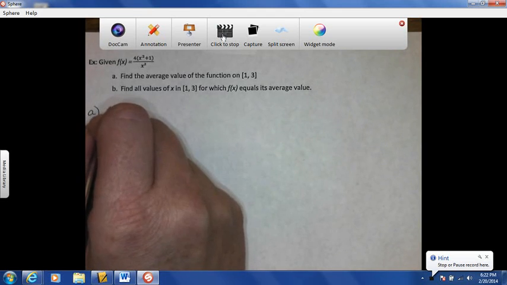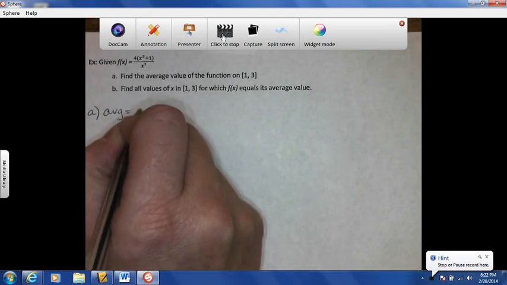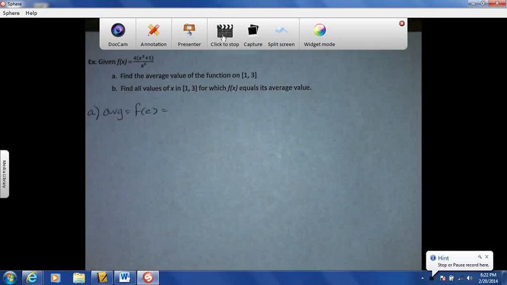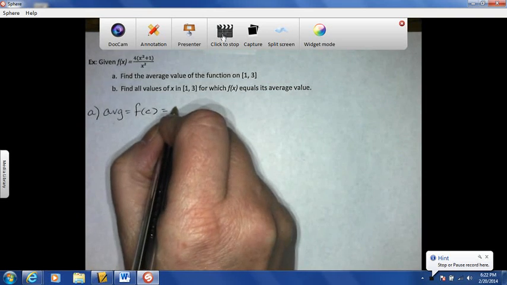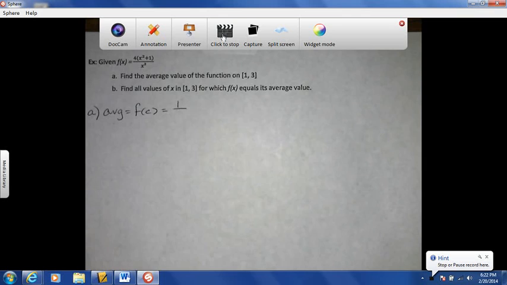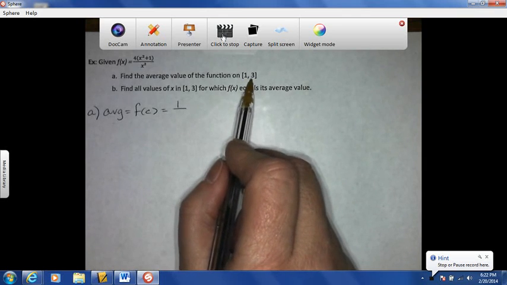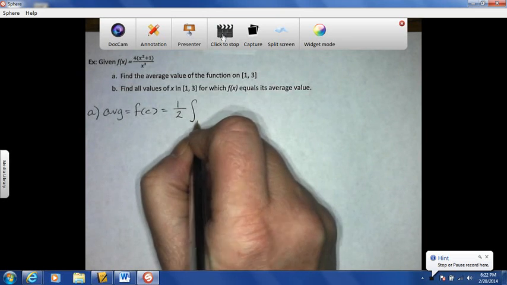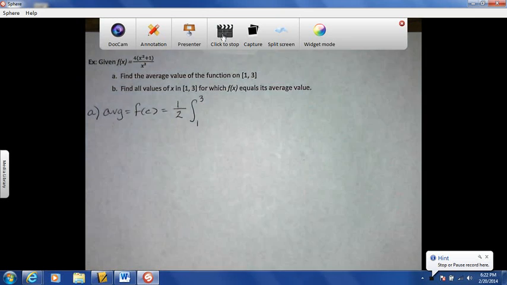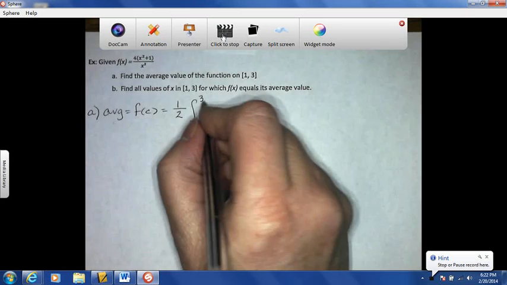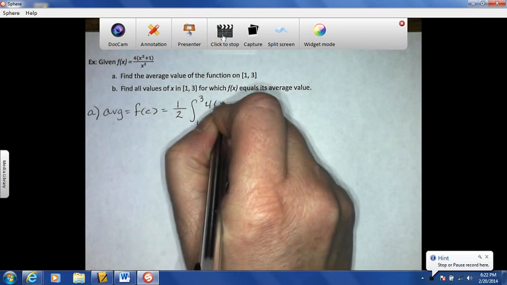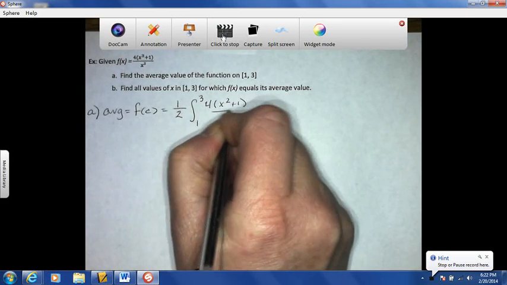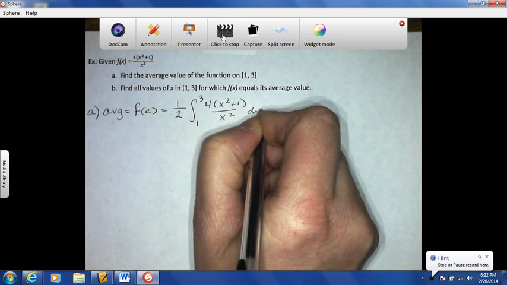Now our formula said that to find the average, which is going to be the height of our rectangle, we take 1 over b minus a, that's the width of the interval, so 3 minus 1, which is 2, times the integral from a to b, so the integral from 1 to 3, of our function. That's 4 times the quantity of x squared plus 1 over x squared dx.